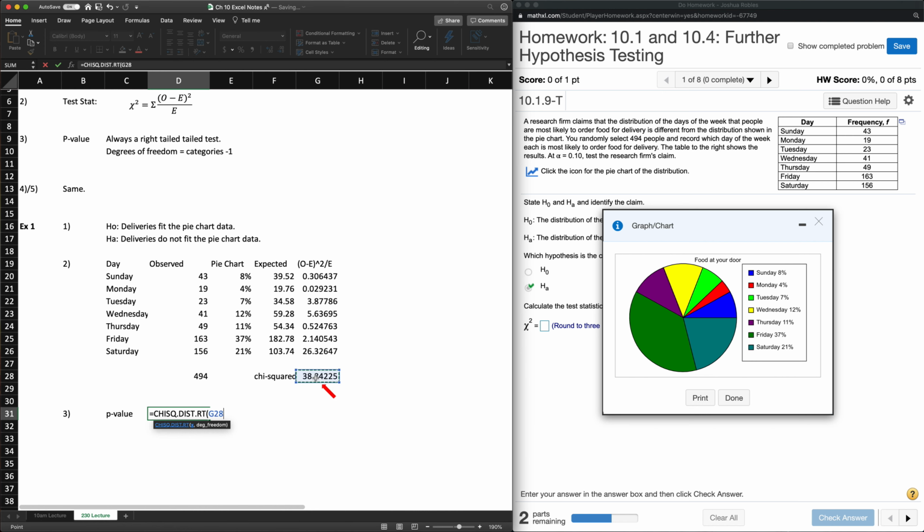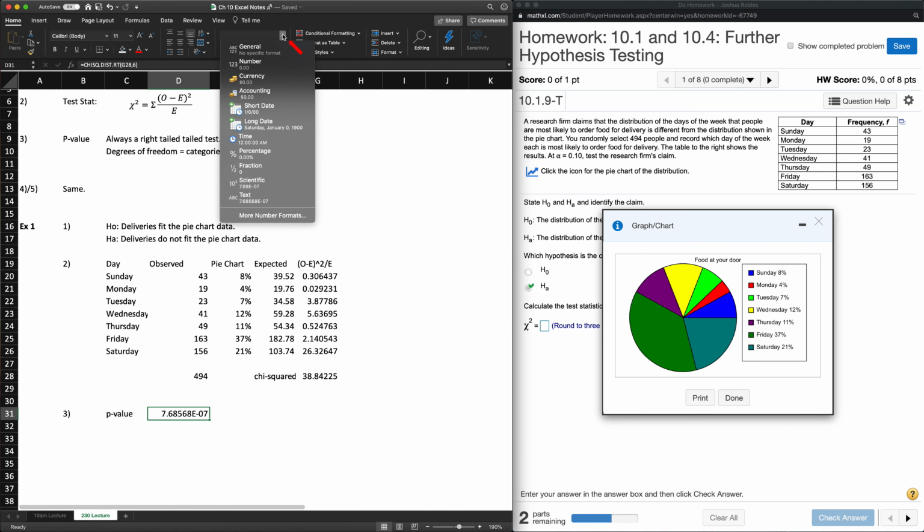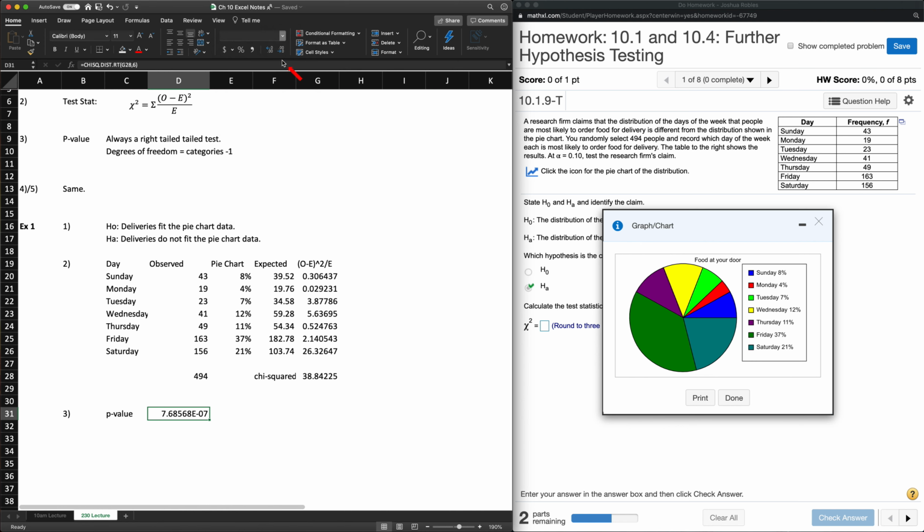So this is our chi-squared value, and our degrees of freedom is our number of categories minus 1. So we have 7 categories for 7 days, minus 1 will be 6. E to the minus 7 means the decimal place has been moved 7 times, so this number is very small. If we change it to a number, show some more decimal places, you can see this number is very small.